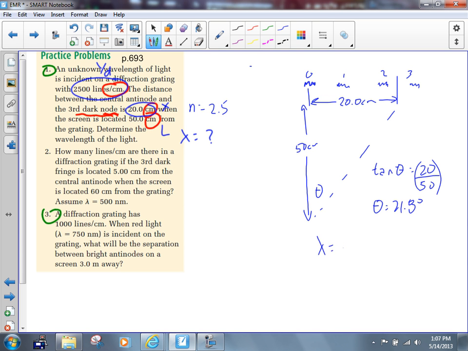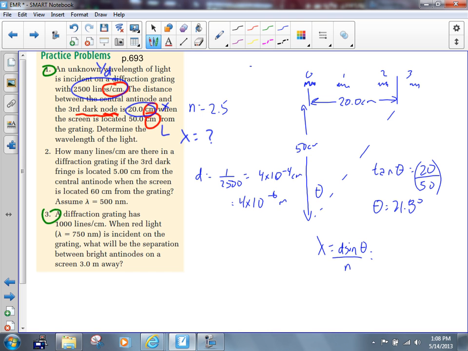Lambda is equal to d sine theta over n. D has a value of, we're not sure actually, we've got to find that. D is 1 over 2,500. What do we get for that? 4 times 10 to the negative 6, and that's going to be centimeters, right? We want to convert that to meters, so it's going to be 4.0 times 10 to the minus 4 centimeters, so that's going to be 4.0 times 10 to the minus 6 meters then.